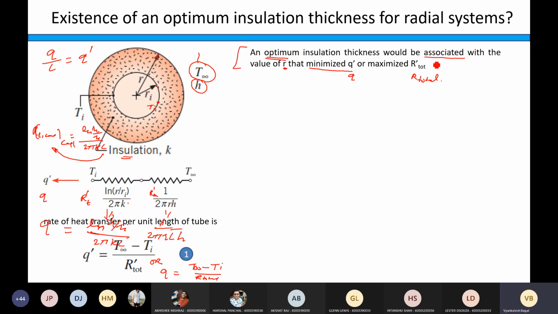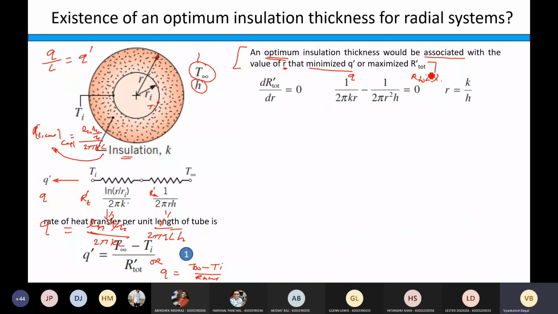I hope you understood this statement, what we mean by optimum thickness of insulation. If the thickness is optimum, then it will maximize the total resistance R total and minimize the rate of heat transfer Q. Correct?